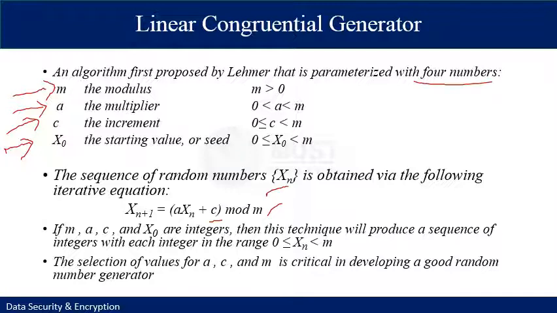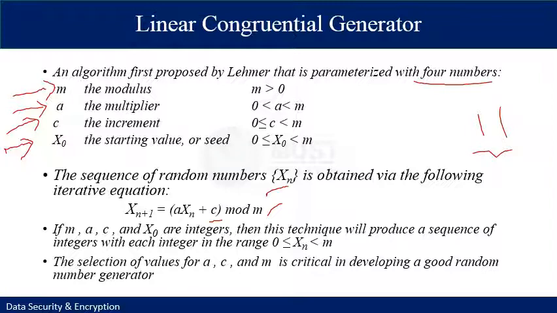So if m, a, c and x0 are all integers, then this technique will produce a sequence of integers with each integer in the range from 0 to m. For example, if we choose m to be 11, all the numbers will be in the range from 0 to 11.